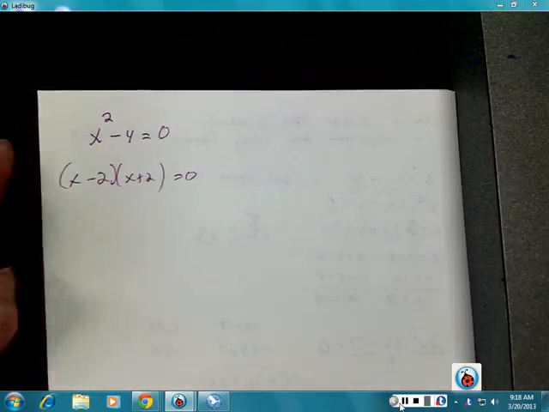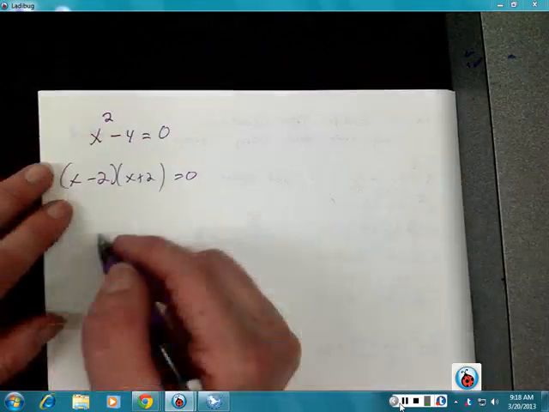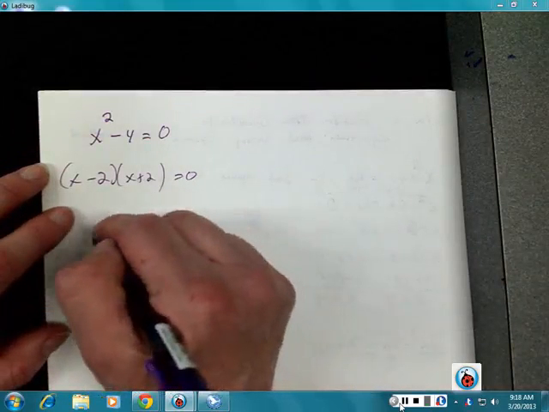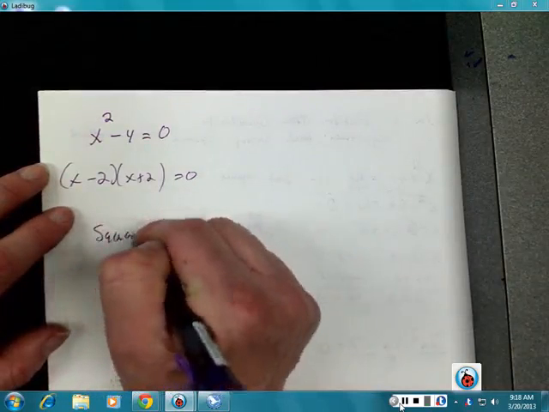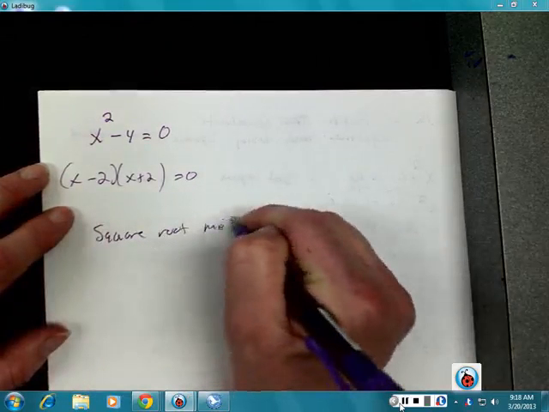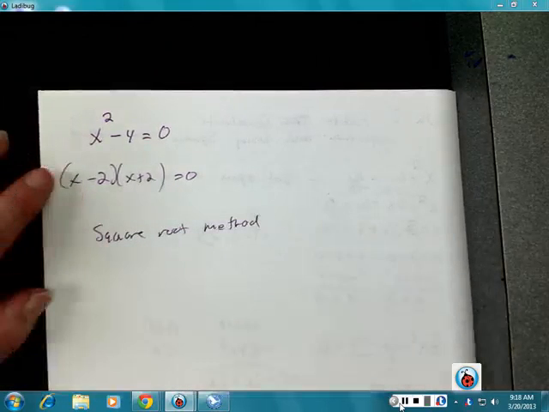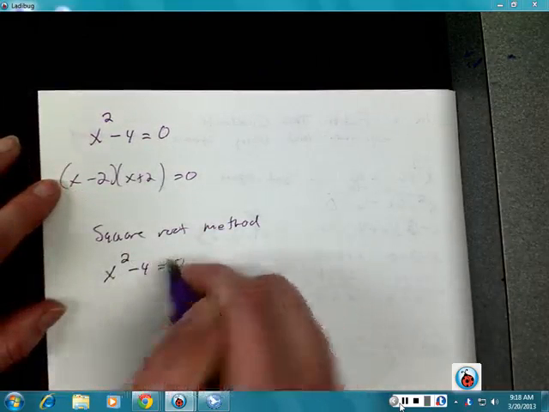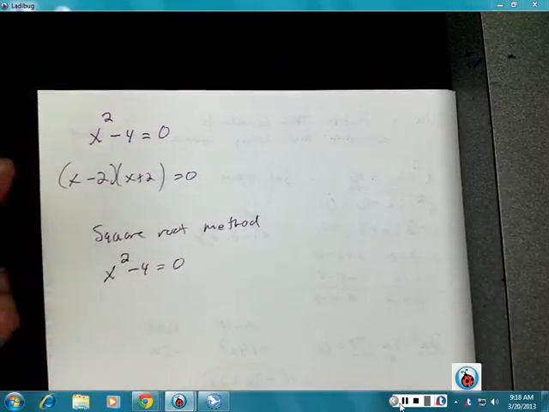Okay. Now our rule, that square root method, can take this thing and turn it into another way of looking at it.